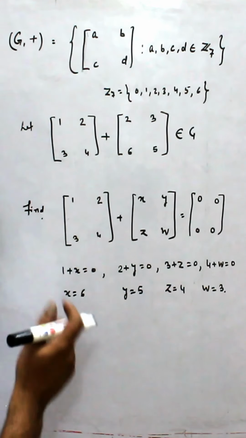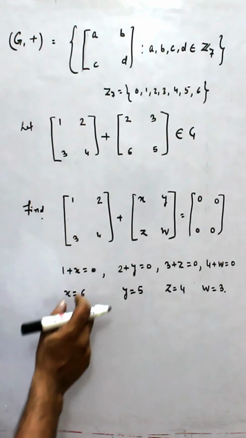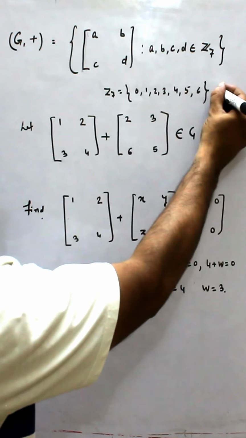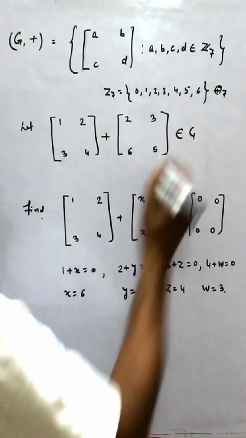We have to make a sum of 7, so that on division by 7 we receive the remainder 0, because the operation is addition modulo 7.